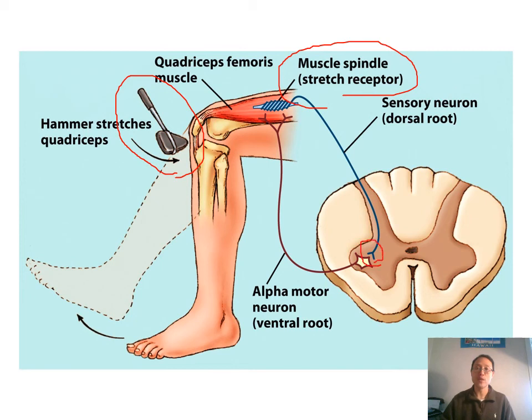The information comes this way and synapses onto the sensory neuron in the dorsal root area. From there, it synapses directly back to the alpha motor neuron, which goes back to the muscle, and this is how you have a stretch reflex.